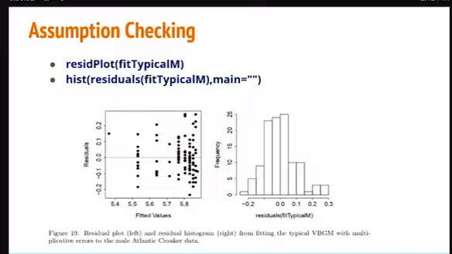When error enters multiplicatively, that was what led to the idea of taking the logarithm of the response. And we got a way to investigate whether the intervention has worked. The way to investigate is to use a residual plot to investigate whether the assumption of constant variance holds, and to use the histogram to see whether the assumption of normality holds.